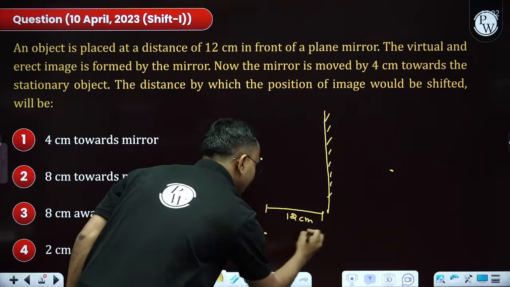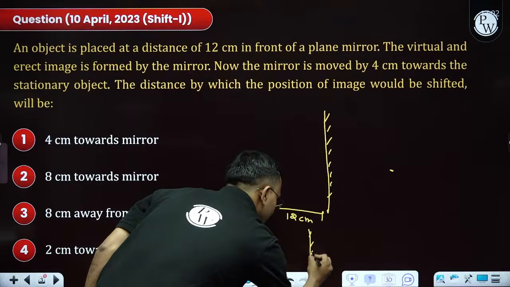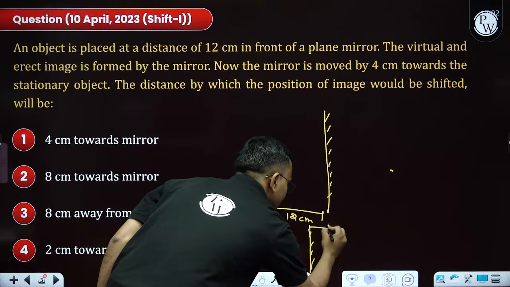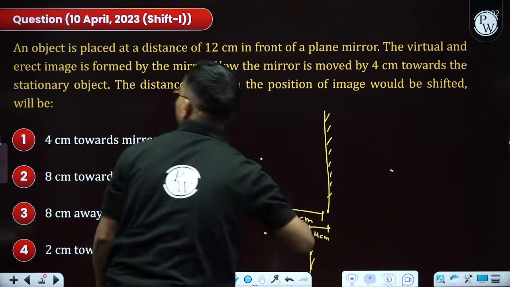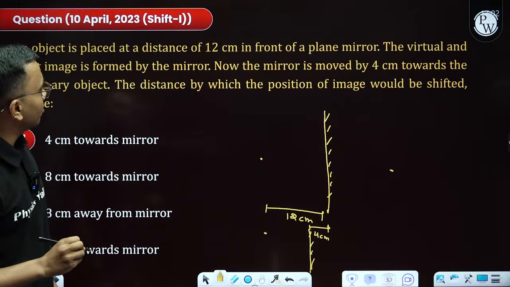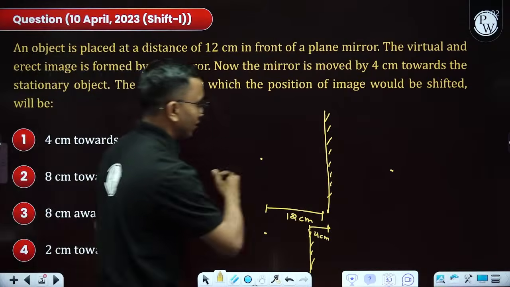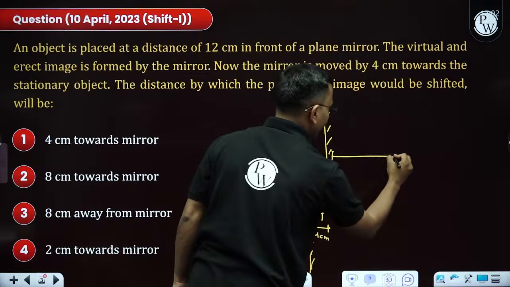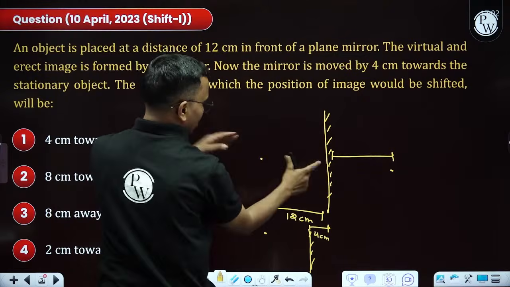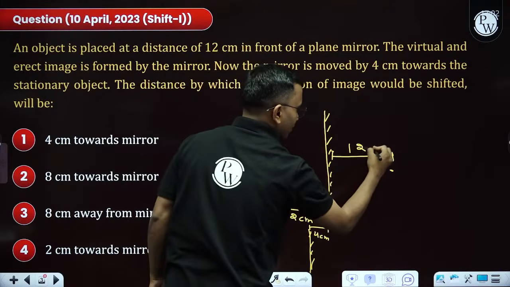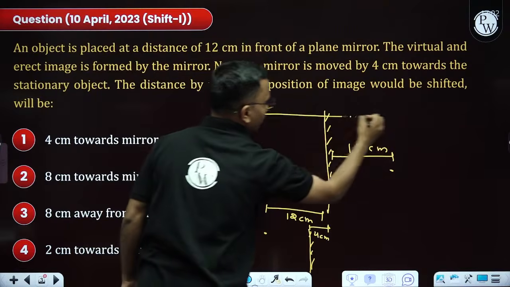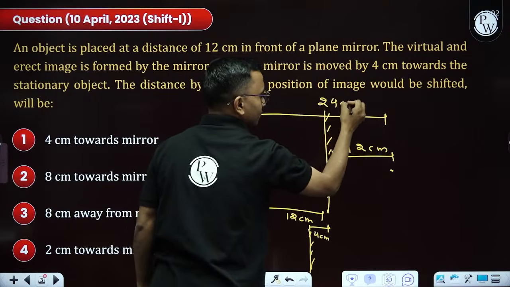The question asks the distance by which the position of the image will be shifted. Initially the image was here. If this was 12, this is also 12, so the total was 24 centimeter.